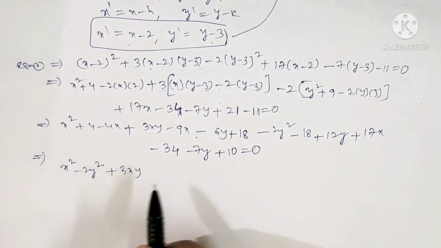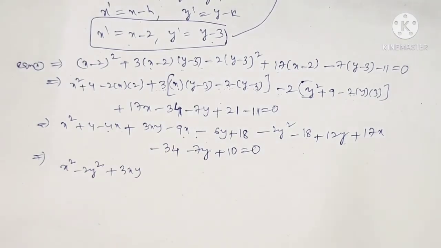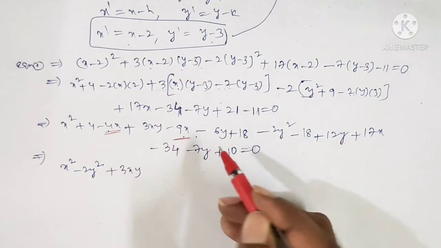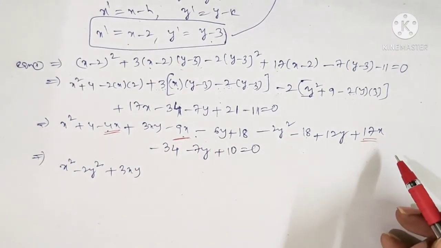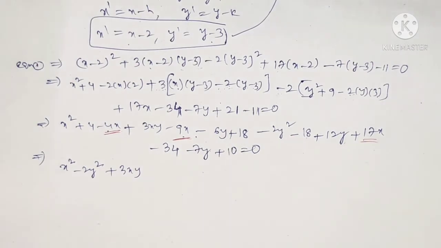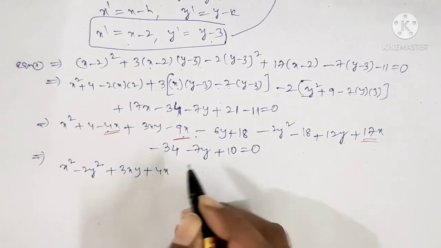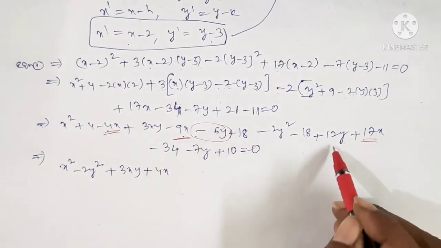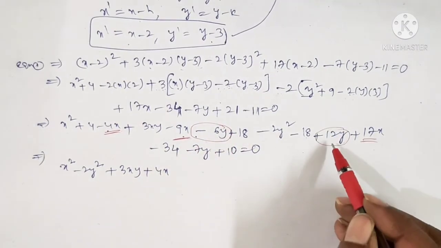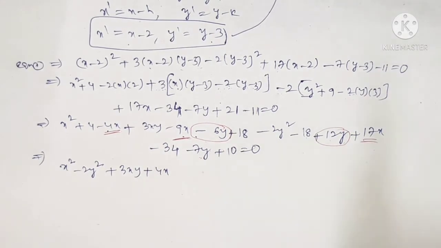Next x terms: minus 4x, minus 9x, minus 13x, plus 17x, plus 4x. Next y terms: minus 6y plus 12y plus 6y minus 7y. We get here minus y.